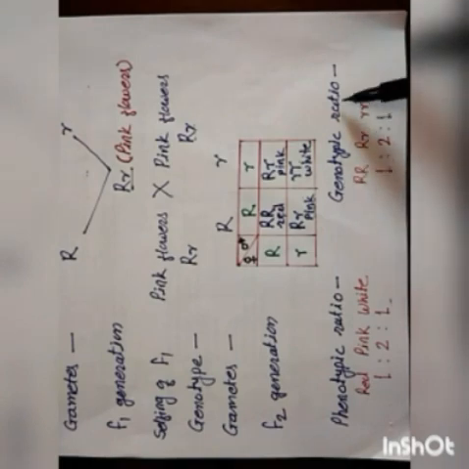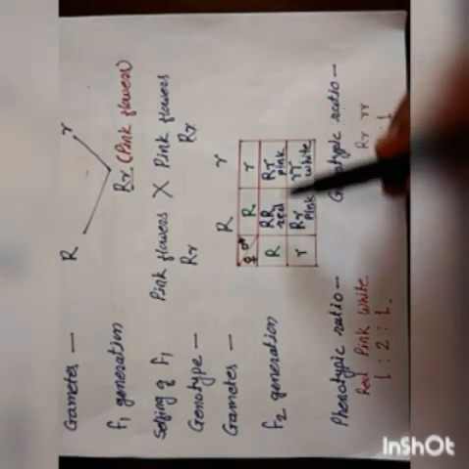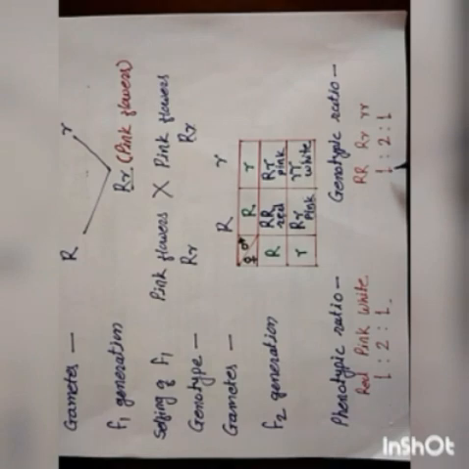And the genotypic ratio of the F2 generation is also 1:2:1. Meaning here one plant containing capital R, capital R, two plants containing capital R, small r alleles, and one plant containing small r, small r. Meaning the genotypic ratio is 1:2:1. In incomplete dominance, the phenotypic ratio and the genotypic ratio are the same.